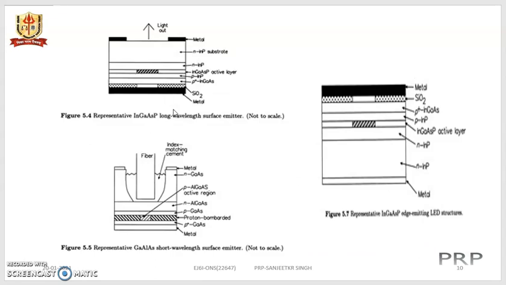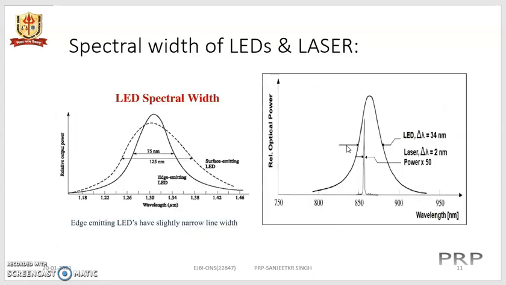Here we have the different constructions for the long wavelength and short wavelength surface emitter LED, and this is for the edge emitter indium gallium arsenide phosphide LED structure.